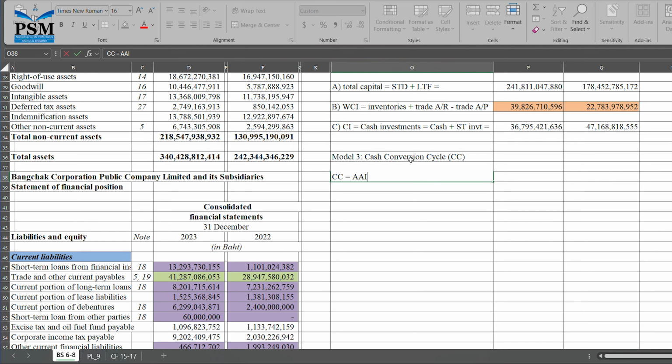Focus on the word age of inventories. That means how many days the company holds its inventories before it turns them over to customers, plus ACP, or average collection period.